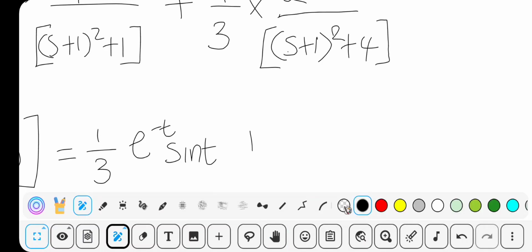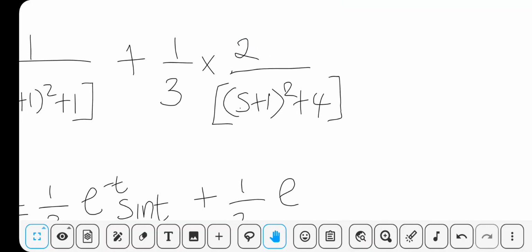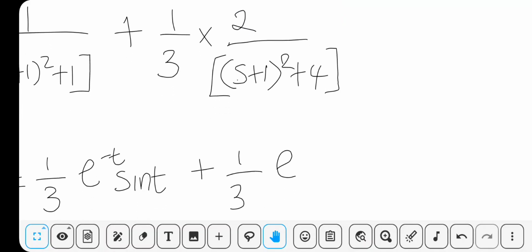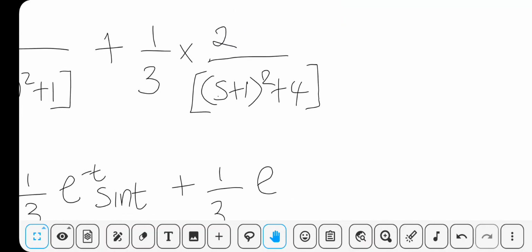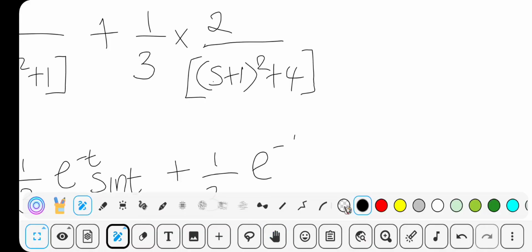Then for the second one, the same thing from the first shift theorem, the inverse Laplace transform is exponential minus t sine 2t.